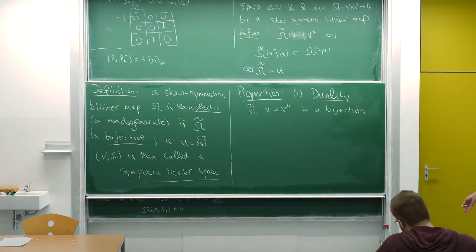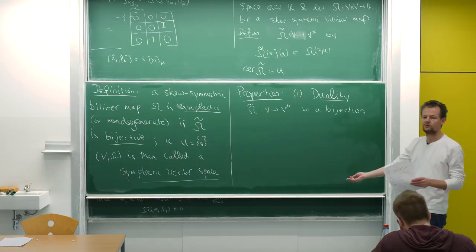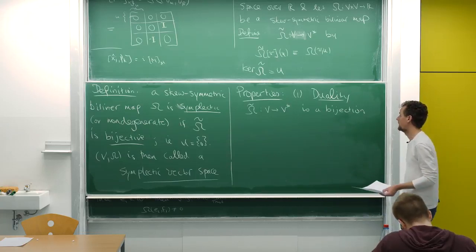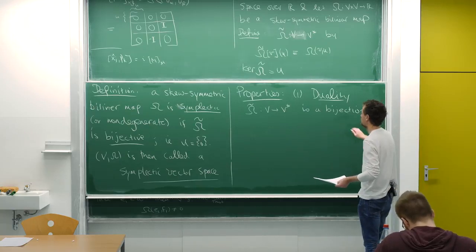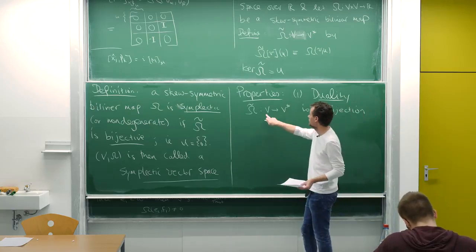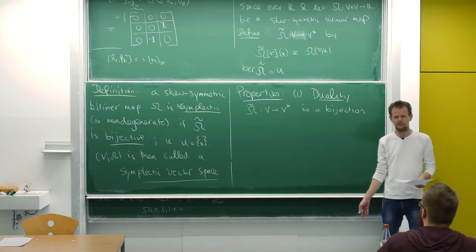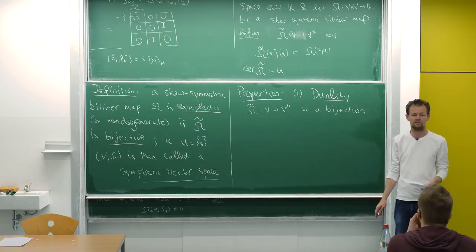Just as an inner product tells you how to relate V and its dual, so does a symplectic map. It gives you an identification of V and its dual, which you can then exploit in many of the ways that you would exploit an inner product.